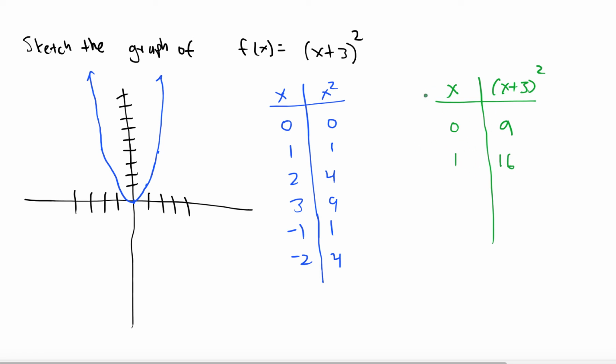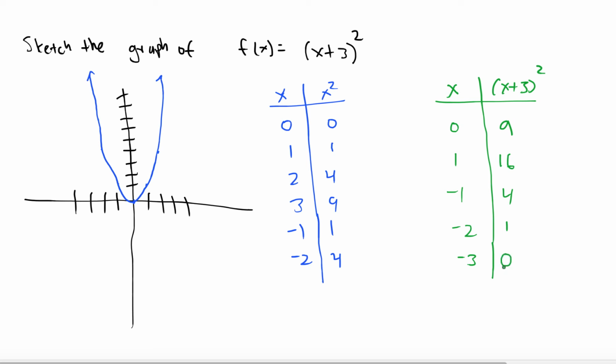It is a point that is on the graph, but let's try to plug in smaller values, like negative 1. Negative 1 plus 3 is 2, and 2 squared is 4. When you plug in negative 2, negative 2 plus 3 is 1, and 1 squared is 1. And notice what happens when I plug in negative 3: negative 3 plus 3 is 0, and 0 squared is 0. That's where we get the 0.